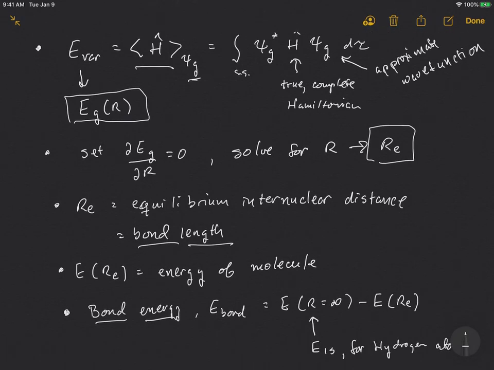Then once we've determined the bond length, we plug that bond length back into our energy expression, Eg as a function of Re, and that's going to give us the energy of the molecule.